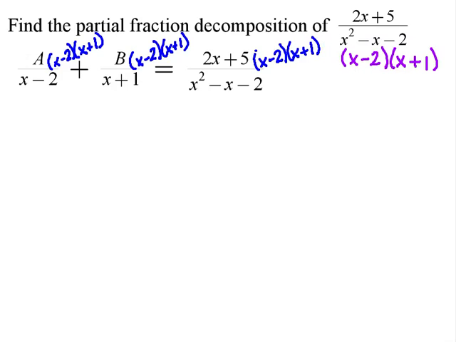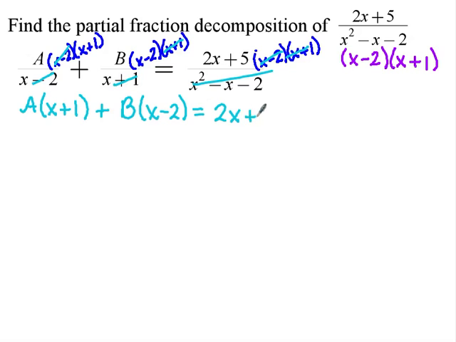If that made any sense to you. So I'm going to cancel out the x minus 2's, and I get A times x plus 1 plus B times x minus 2, and that's going to equal 2x plus 5.